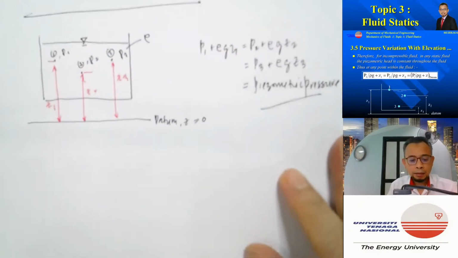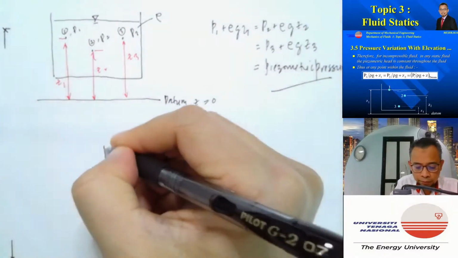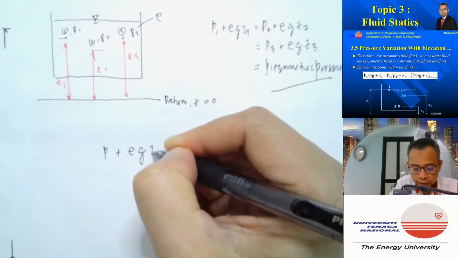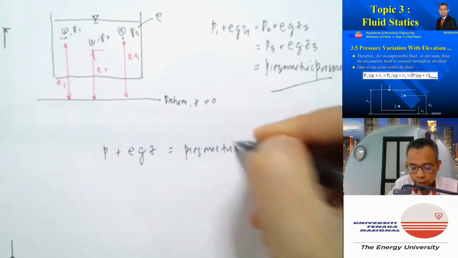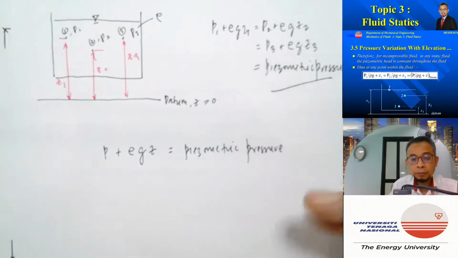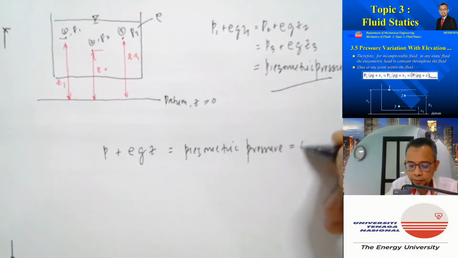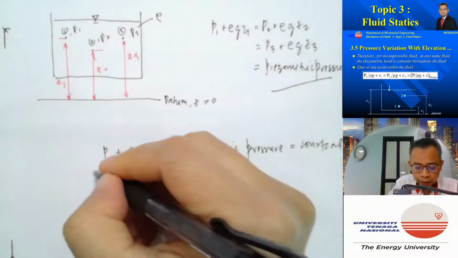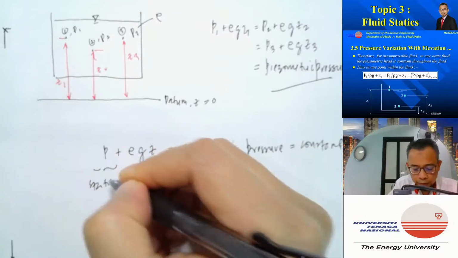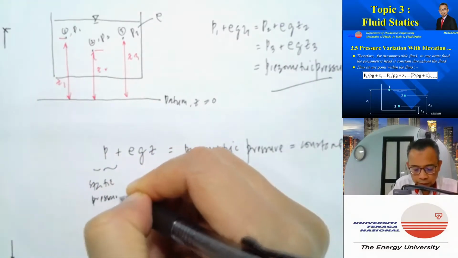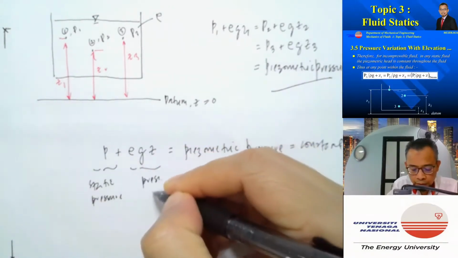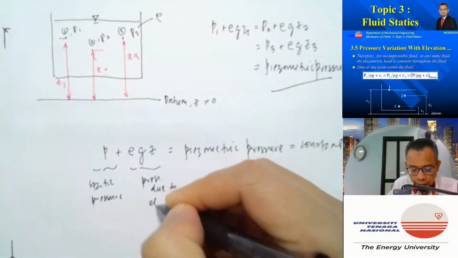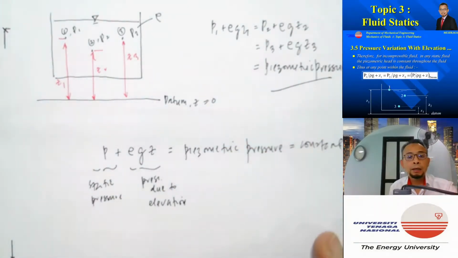So we have P plus rho g Z is equal to piezometric pressure. It is constant anywhere within the fluid. P is what we call static pressure. Rho g Z is pressure due to elevation, due to height, and that must be equal to piezometric pressure.